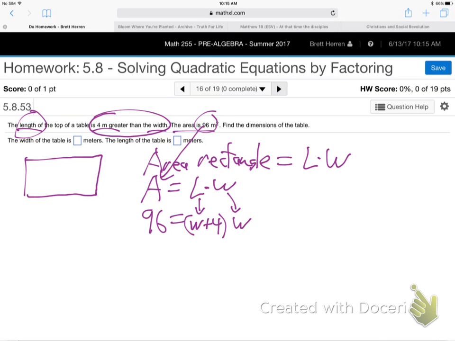Does that make sense? Because it says the length is 4 greater than the width. 4 added to the width. Now it's important that I get it all in terms of one letter because I can't do two. I don't want L and W. I want it all in terms of just one letter. Does that make sense, what I'm doing there?